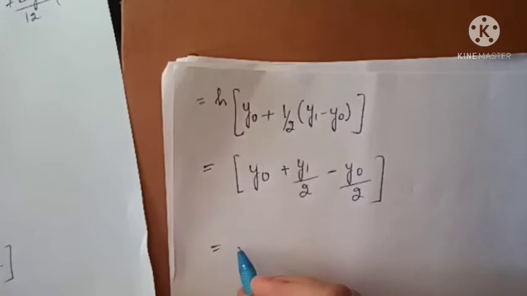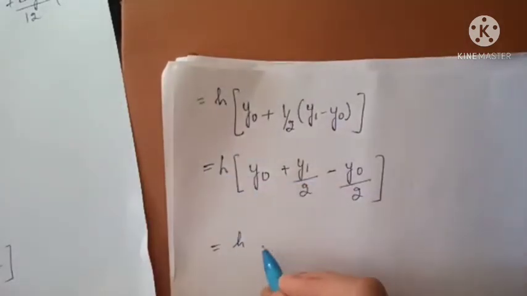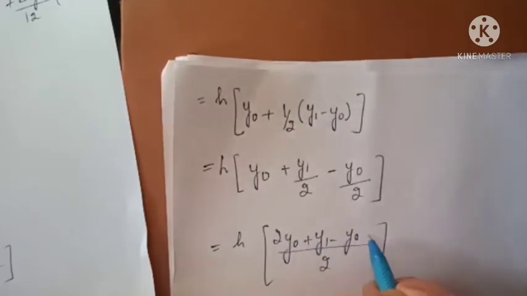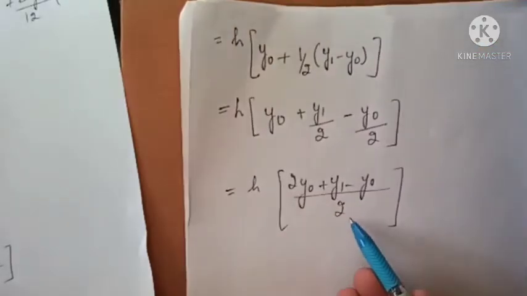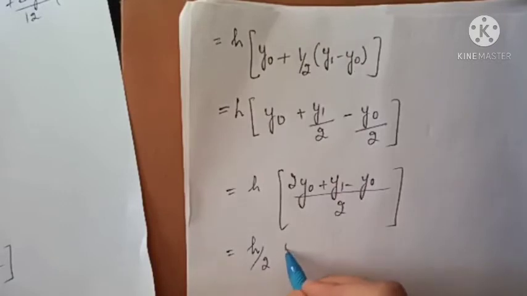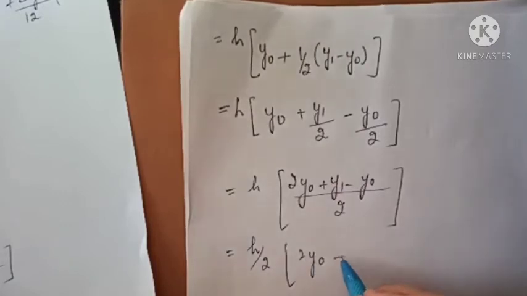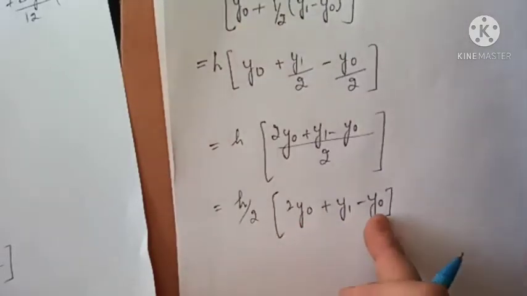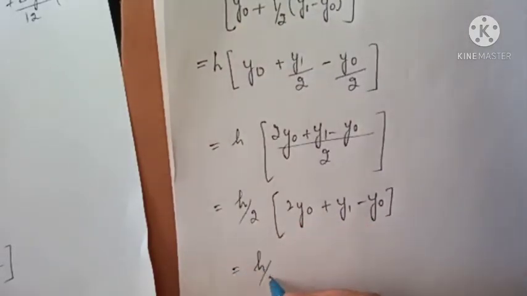So the LCM would be like this: h of 2y0 plus y1 minus y0, over 2. We can take this 2 out. This will be h divided by 2 times 2y0 plus y1 minus y0, isn't it? So this is twice y0 minus y0. So this will be h divided by 2.